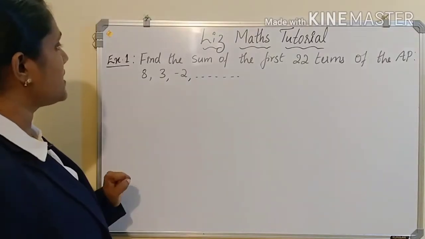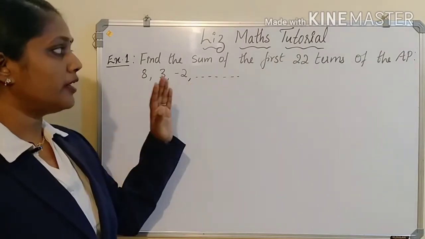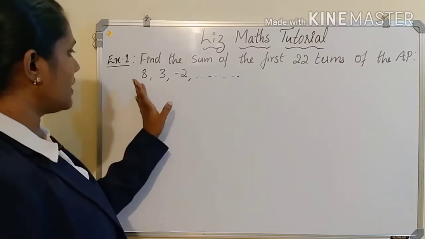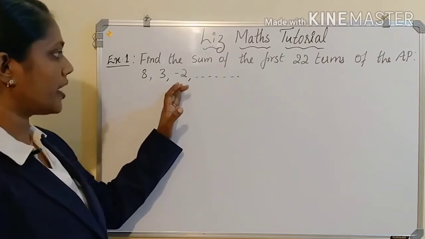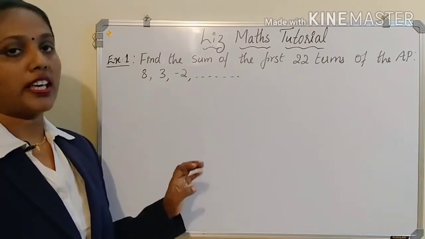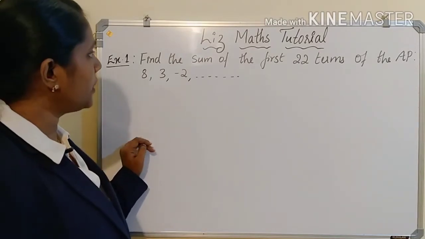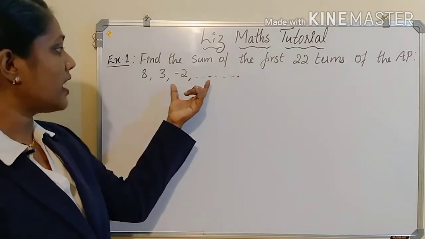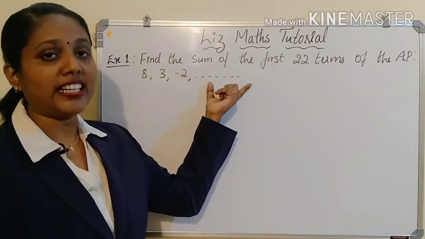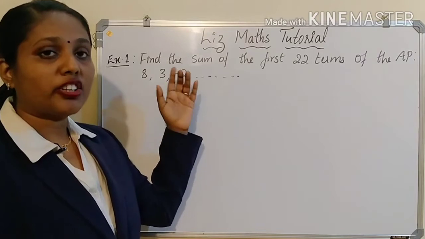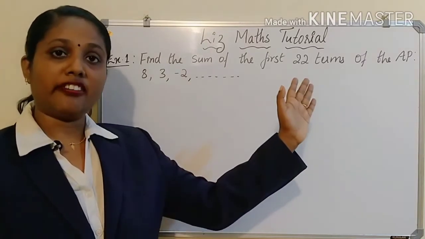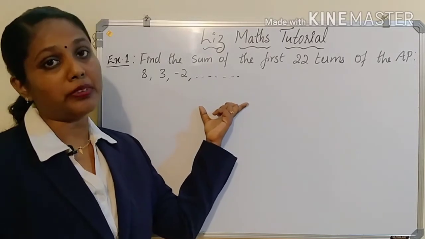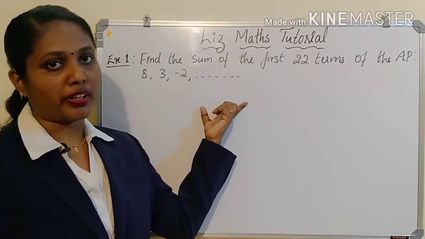The first example says, find the sum of the first 22 terms of the AP 8, 3, minus 2 and so on. This is an AP. There are so many terms, this is an infinite AP, but you have to find the sum of the first 22 numbers.